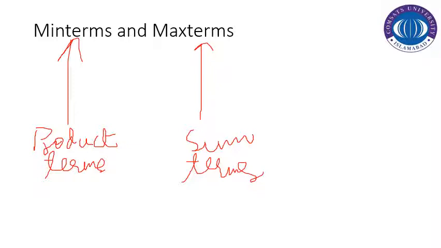So how are we going to represent min terms and max terms? Let us discuss an example in which we're going to generate a truth table for the three literal system, and then we are going to define the response of the system, and then we're going to see what the min terms and max terms are, and how we're going to extract those terms in order to produce a Boolean function.